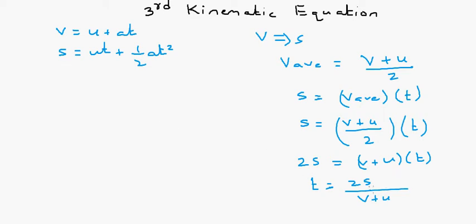Now let's plug this value of t into this equation. Let me use a different color for convenience. V is equal to u plus at, right? So if we put in the value of t over here instead, we are going to have v is equal to u plus a times 2s over v plus u, right?